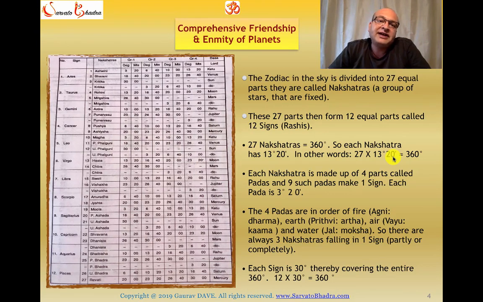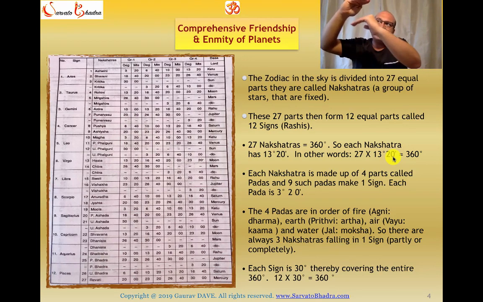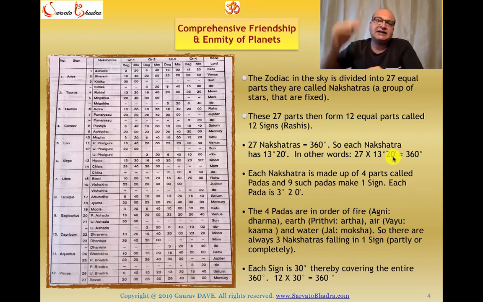Planets are moving very, very fast, but stars, they do not move so fast. They move very, very slowly. So, these 27 parts in the sky create 12 equal parts, and these 12 equal parts are called rashis and signs.